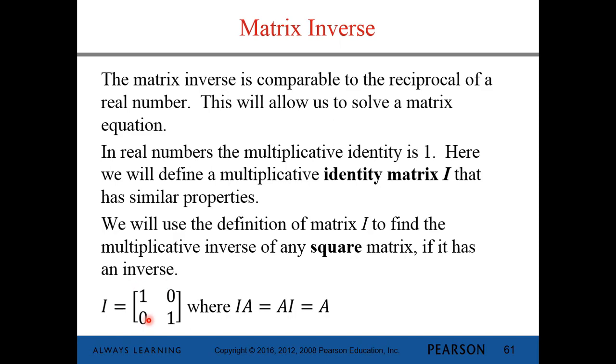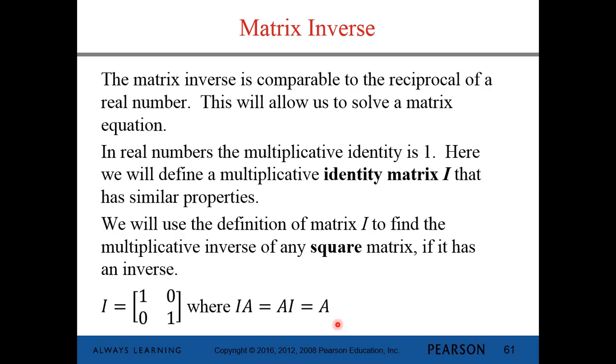So here's the identity matrix, and again, if you multiply any matrix by the identity matrix, you should get itself. So if you multiply on the left by I, or if you multiply the matrix on the right by I, you will get the original matrix A back out. It doesn't change anything.